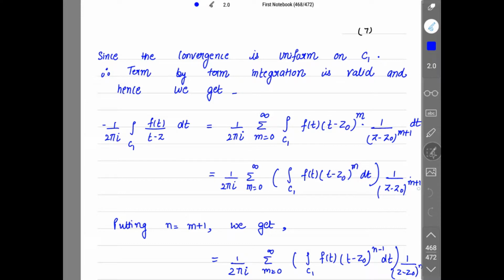Now put m plus 1 equal to n. We get 1 over 2 pi iota summation, this integral over C1 of f of t, t minus z naught to the power n minus 1, because I put n equal to m plus 1. So m changes to n minus 1. 1 over z minus z naught to the power, instead of m plus 1 I should write n.